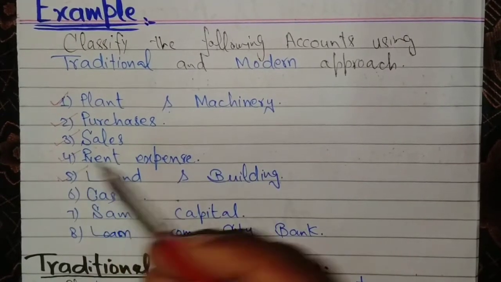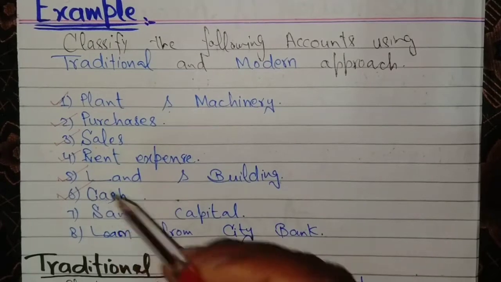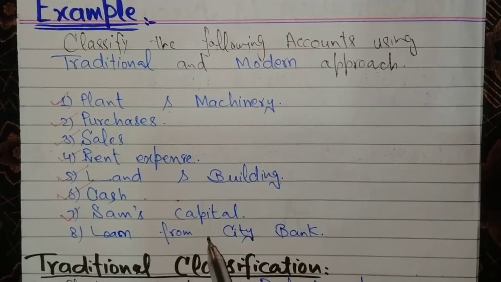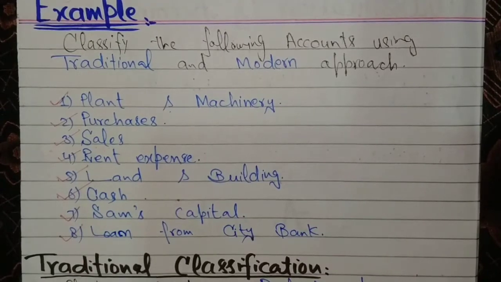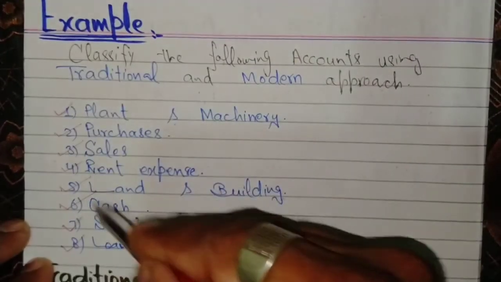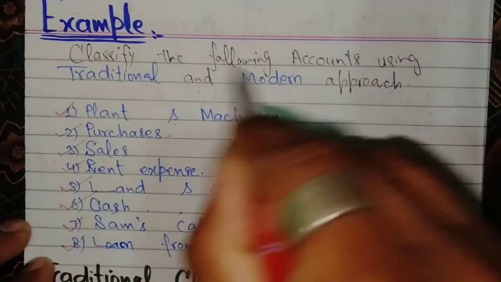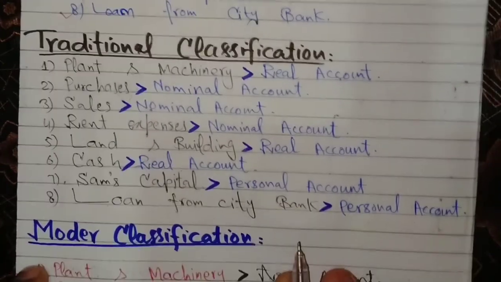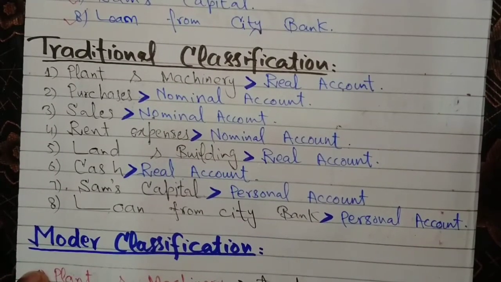Fifth is land and building. Sixth is cash. Seventh is Sam's or James's capital. Eighth is loan from Citibank. What will be the names of these items in the context of traditional classification as well as modern classification?